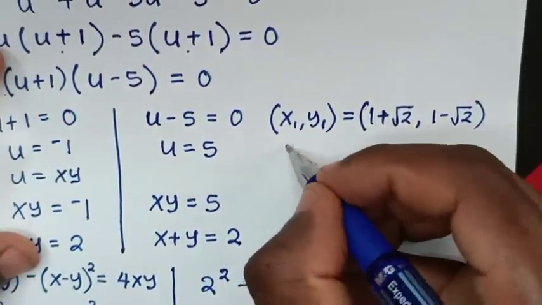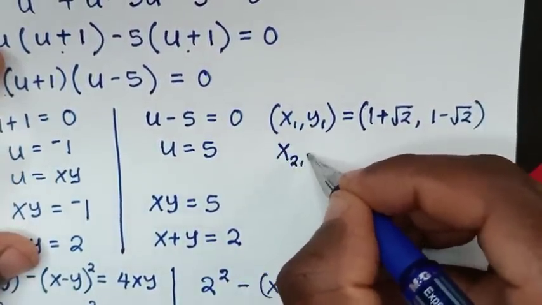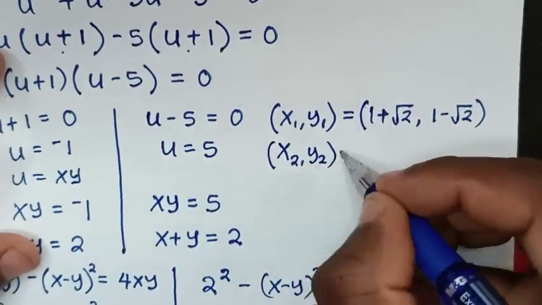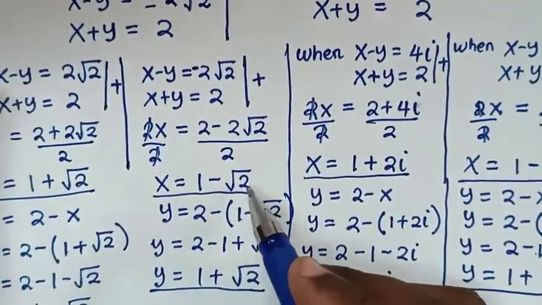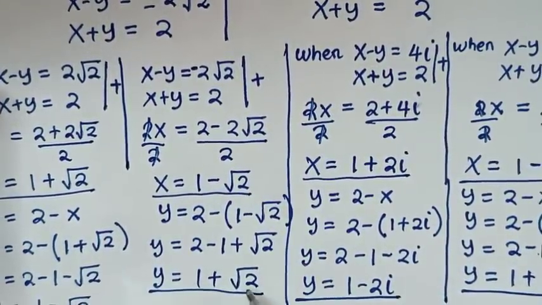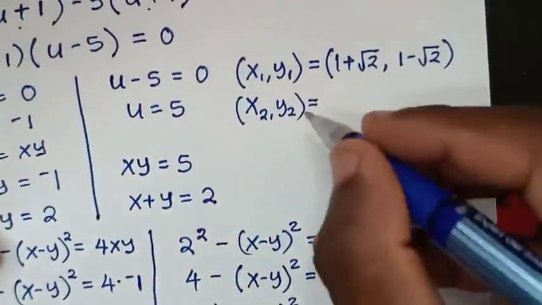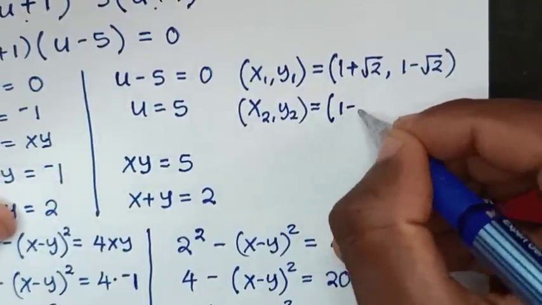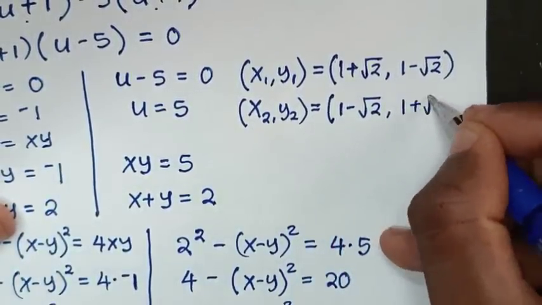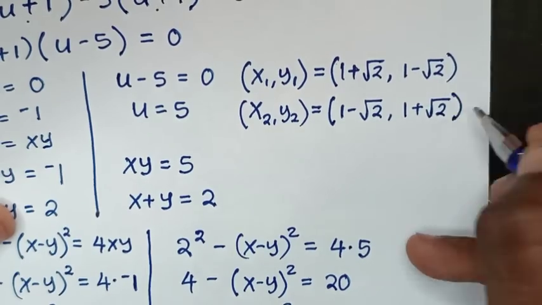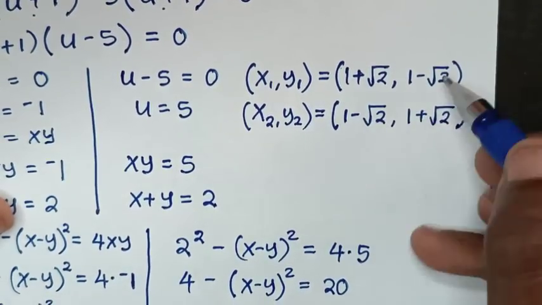And the second, x2, y2 is equal to, when x is 1 minus square root of 2, y is 1 plus square root of 2. So the bracket 1 minus square root of 2, 1 plus square root of 2. You can see here the interchange.